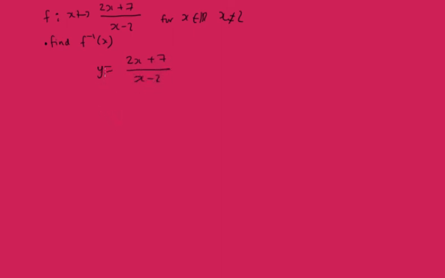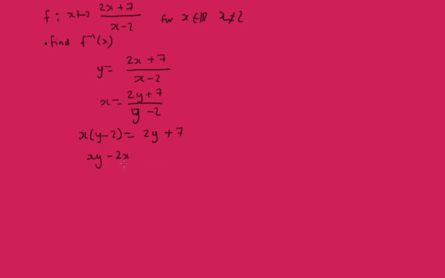And then we're going to interchange x and y. So x now is going to be 2y plus 7 over y minus 2. And we're now going to rearrange it. Multiply both sides by y minus 2. Then we'll have xy minus 2x equal to 2y plus 7.